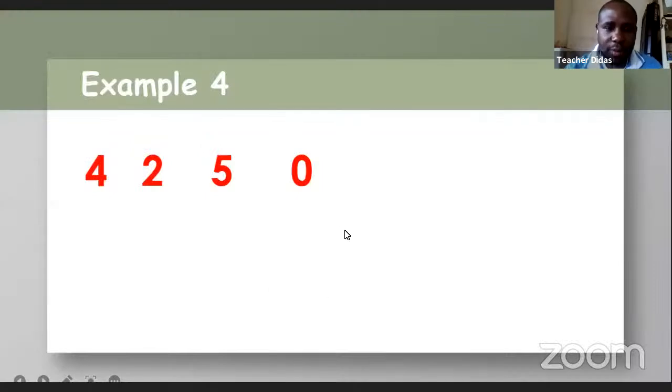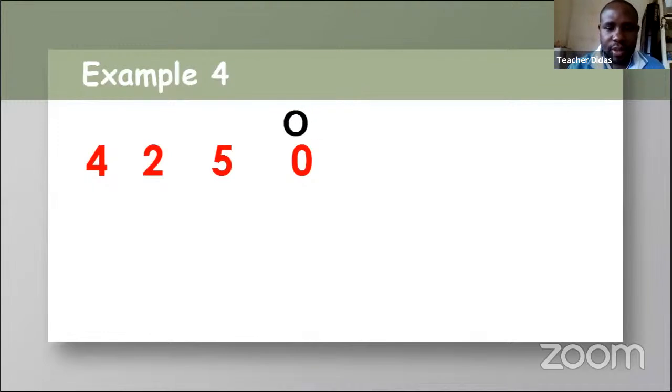Okay, now according to Blessing, she told us that the first one is ones, the second one is tens, the third one is hundreds, and the last one is thousands.